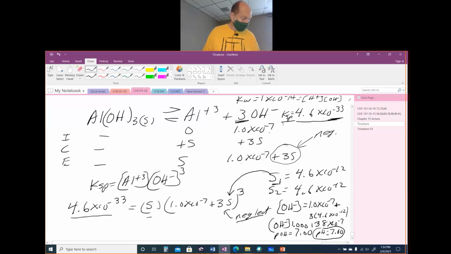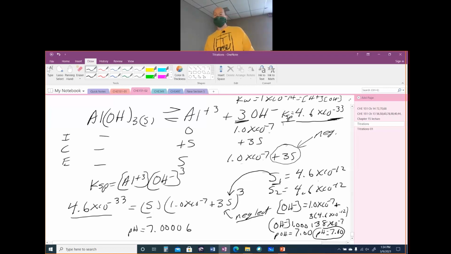Now, if you go out enough sig figs, your pH would have been 7 point and then 4 zeros and then a 6. All right, so again, the pH has to be above 7, and it is above 7 if you go out to the 5th decimal, but to 2 decimals, it didn't change.